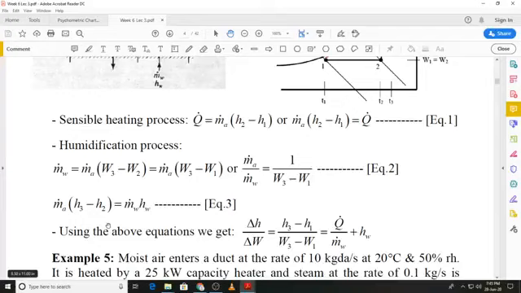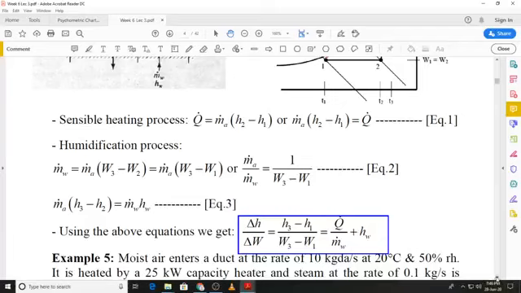Divide throughout by m dot w, so you will get m dot a by m dot w into h3 minus h1, and on the right hand side you will get q dot by m dot w plus hw, and m dot a by m dot w can be replaced by 1 upon w3 minus w1 using equation 2, and the resultant equation that you will get again is shown in your lecture slide, and this is the equation for the combined heating and humidification process, that is from state 1 to state 3.